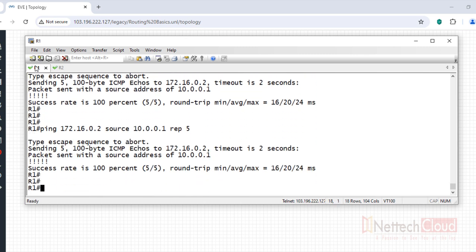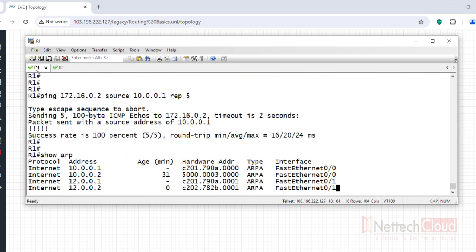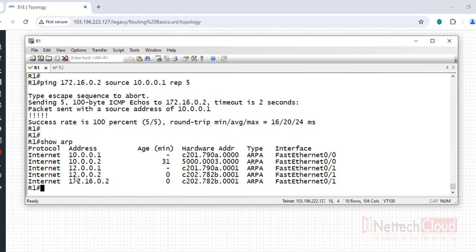Now you can see here a proper response, and if you look at the ARP table, then yes, there is 172.16.0.2 and a MAC address. So the MAC address mapped with the destination host IP address is not exactly of the end host device.